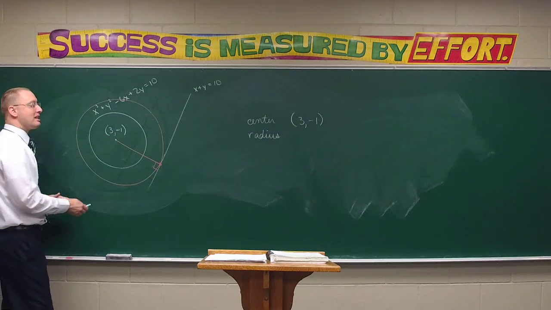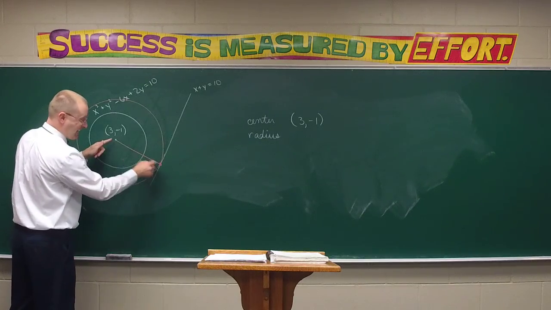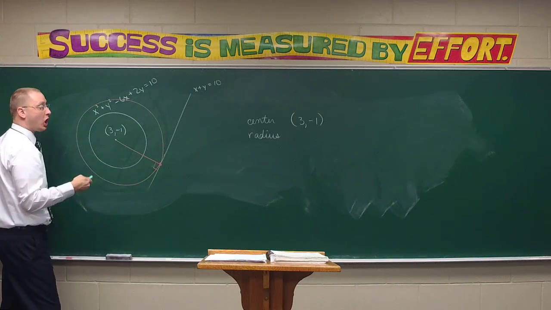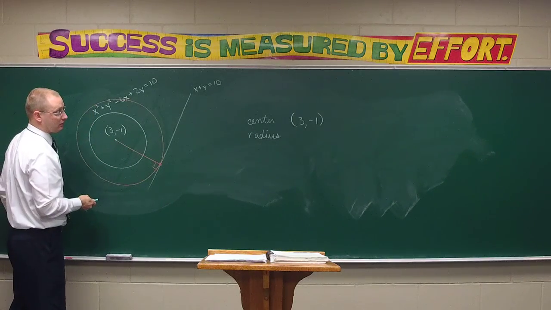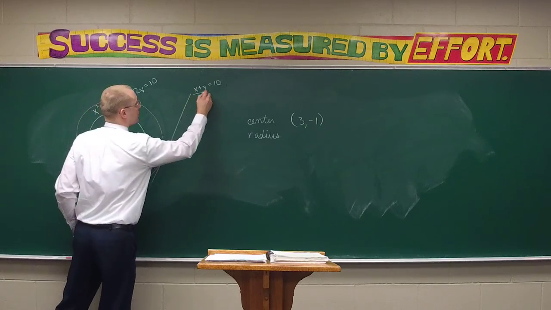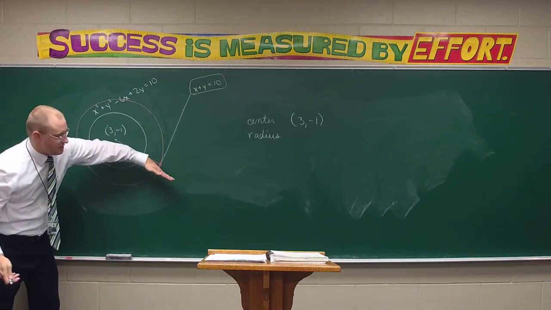And the key is, because it's perpendicular, I know that my radius line, I don't know the length of it yet, but I know the equation of it has to start how? This is their line. My radius is going to be perpendicular.